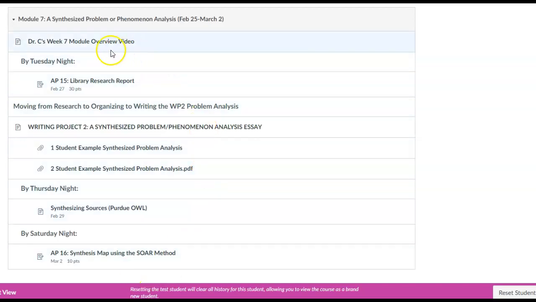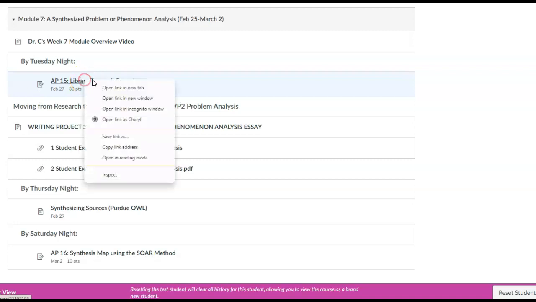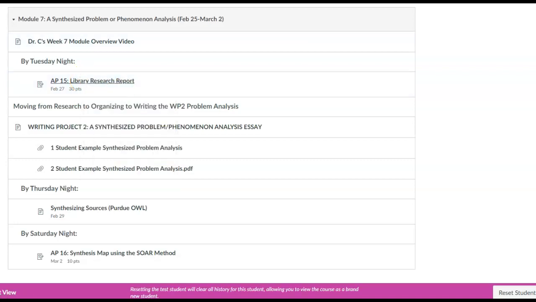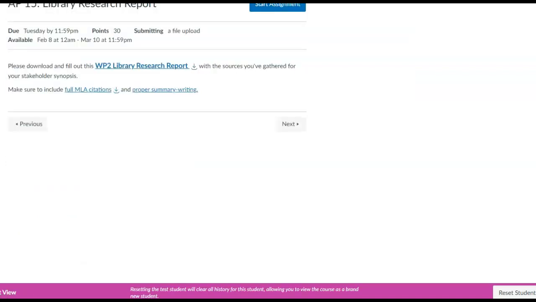But first, let's look at this library research report, because if you notice, it is worth 30 points. It's worth 3 times more than what our usual APs, assignment posts, are worth. So I'm going to open this in another tab so I don't lose that view of the module. And what I'm asking you to do, this really isn't difficult.